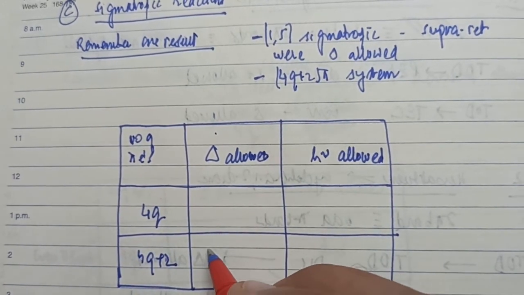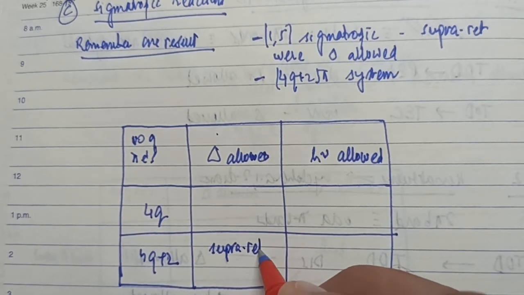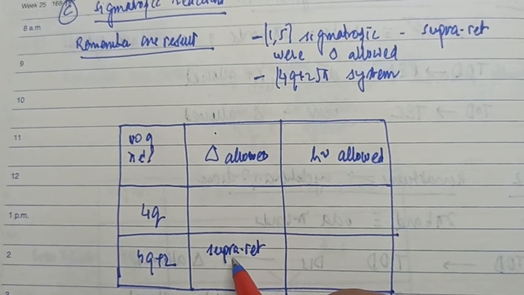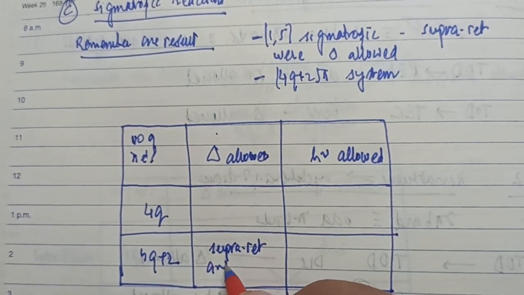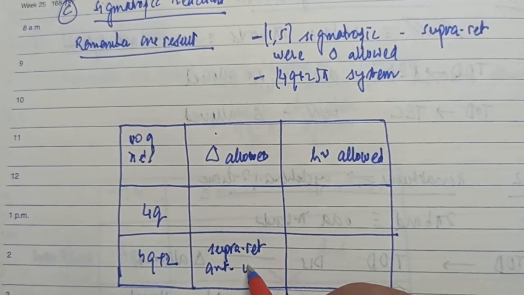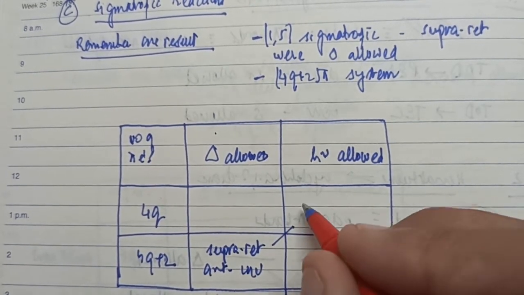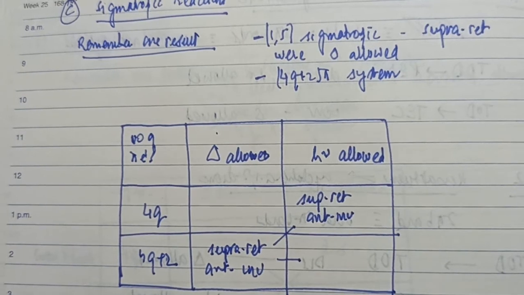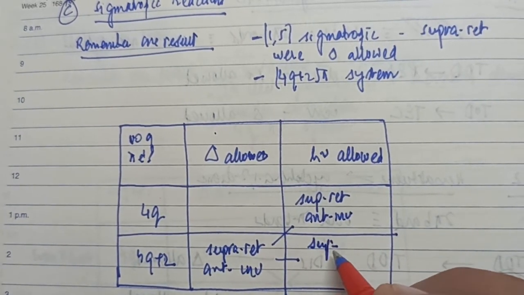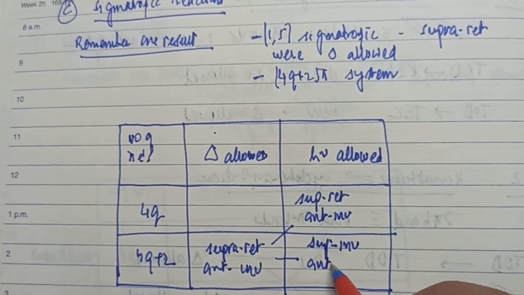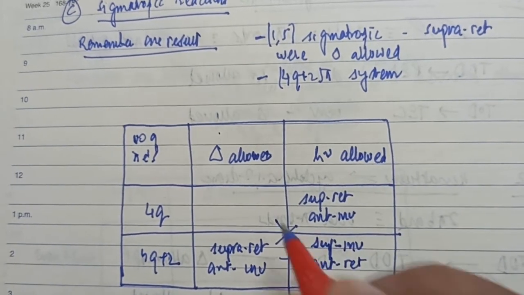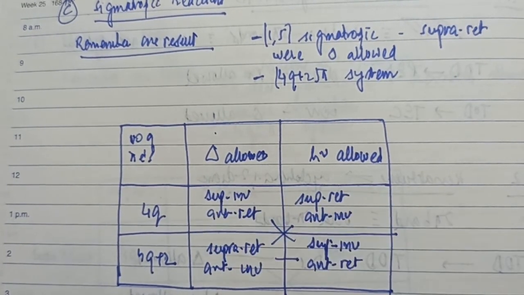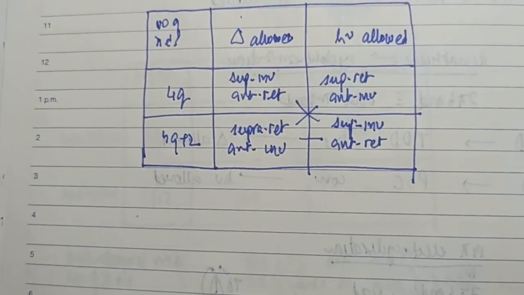I remember my supra retention under 4Q conditions is thermally allowed. The same result we get for supra retention, we get for Antara inversion. So diagonally it is the same: supra retention and Antara inversion. Adjacent, one thing changes: supra retention becomes inversion, Antara inversion becomes retention, and again diagonally it is the same: supra inversion and Antara retention. I can create a selection table by just remembering one result.